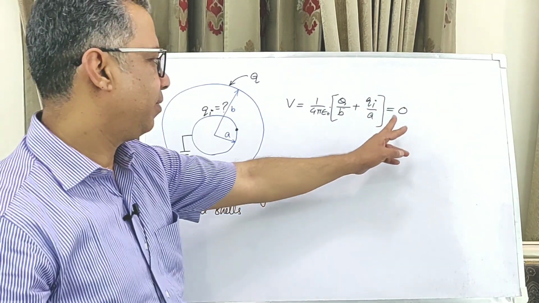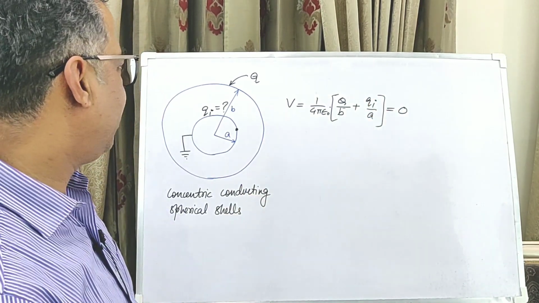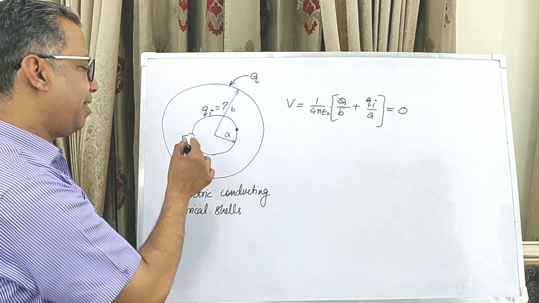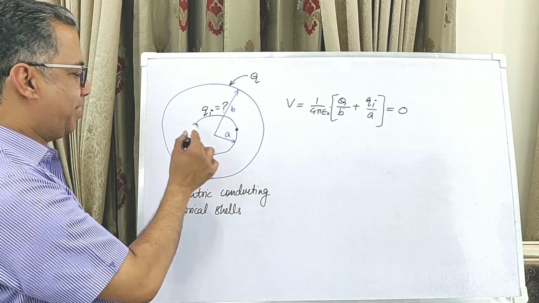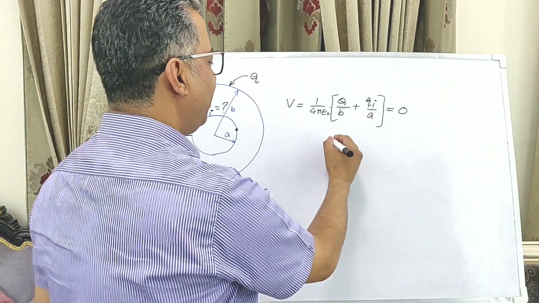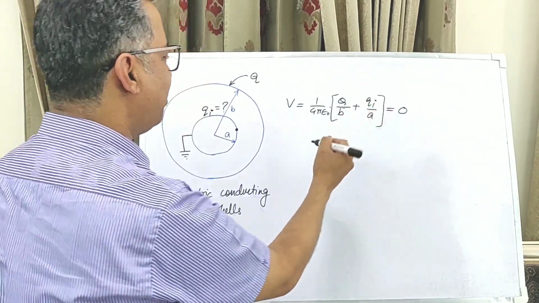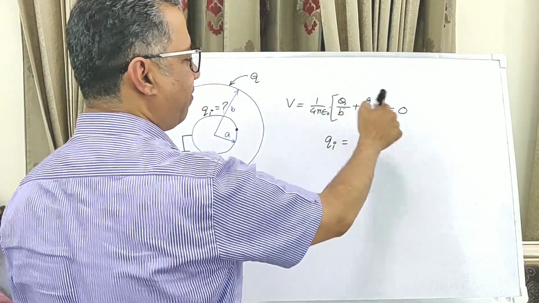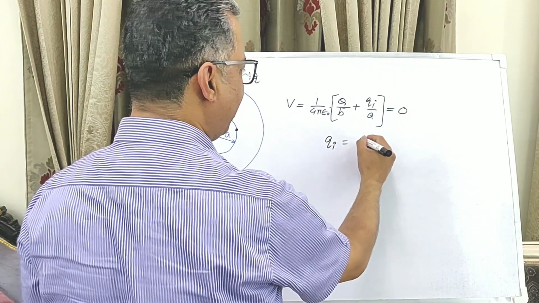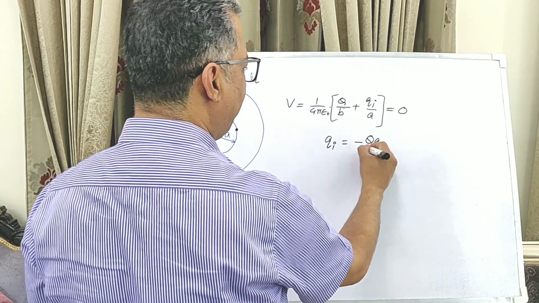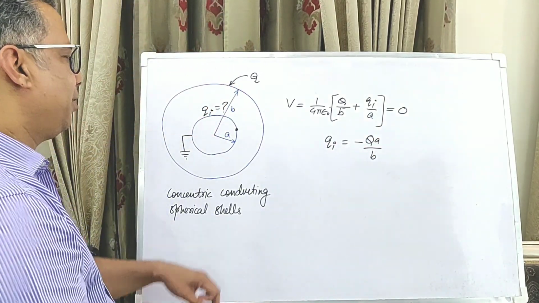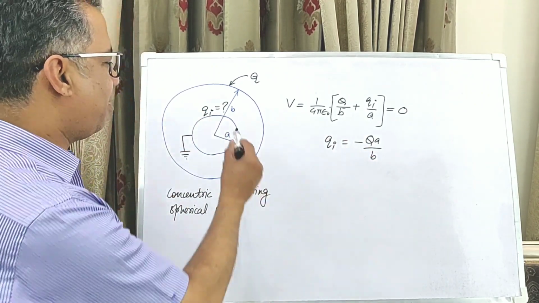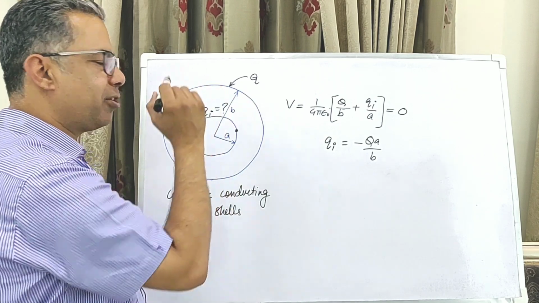Now why is that? Why does it have to be 0? It has to be 0 because the conductor has been earthed. And therefore, the induced charge Qi on this conductor comes out to be, putting this equal to 0, the stuff inside the bracket is 0, and therefore Qi is minus Q A by B. So we've calculated charge on another earthed conductor because it had some charge in its neighborhood.